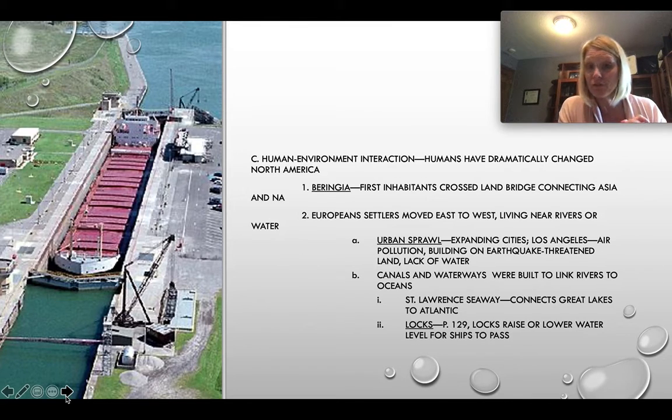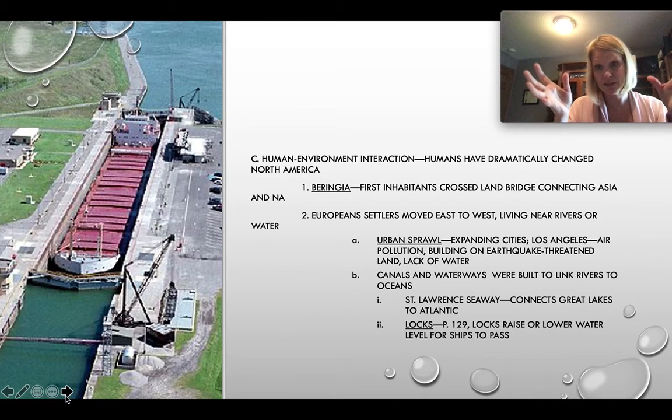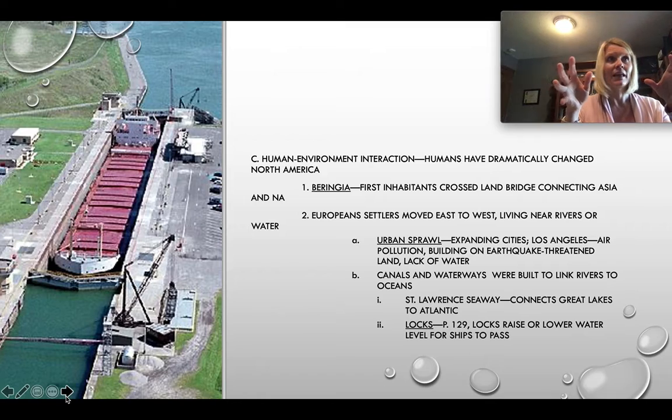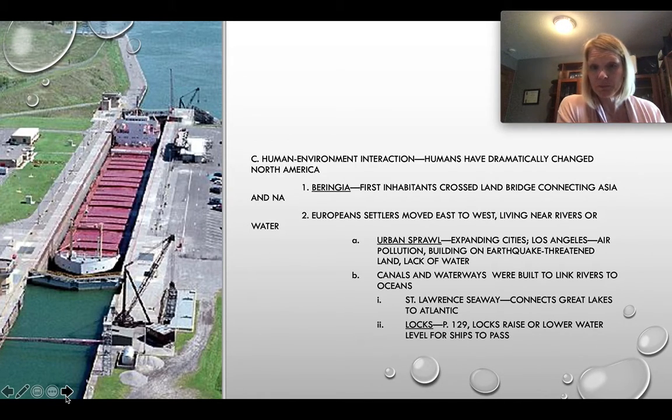They're forced to build on earthquake-threatened land. They have a lack of water. There are a lot of consequences of urban sprawl. If you ever look at a map of the United States at night, you can see how the United States is lit up, and you almost always see it in the coastlines, where you can see that urban sprawl.